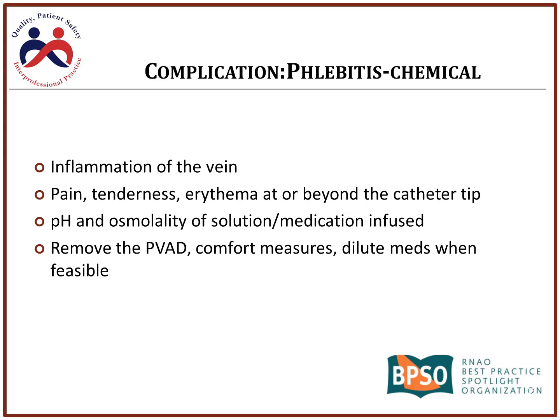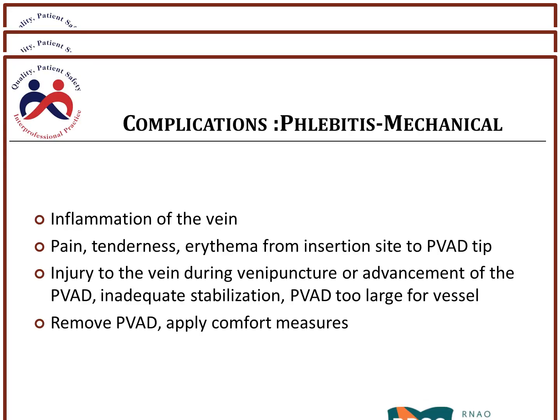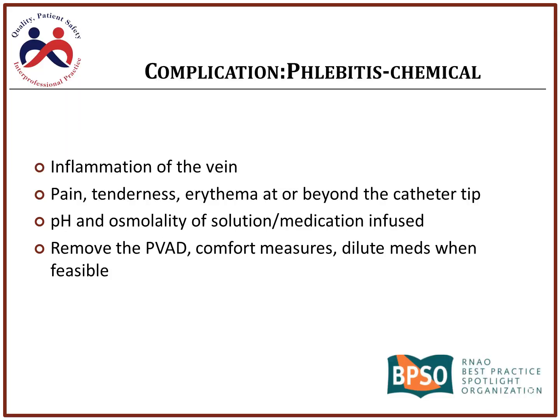So with chemical phlebitis, or chemical complication, you get inflammation of the vein, pain and tenderness, erythema, so that redness at or beyond the tip. So you want to remove the IV, provide comfort measures, and dilute meds when feasible. Mechanical complications, so again, we're going to look at that.